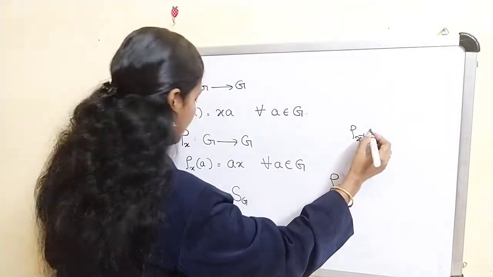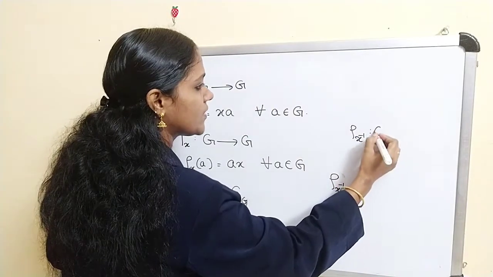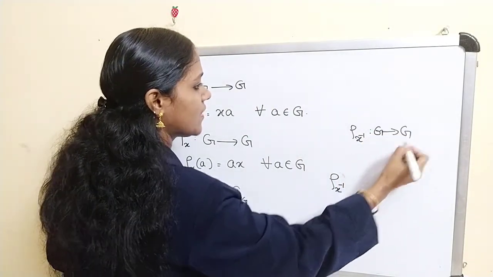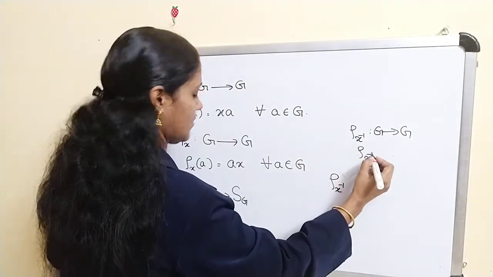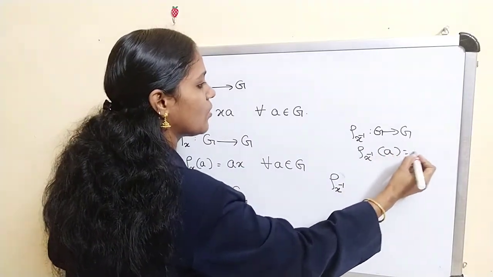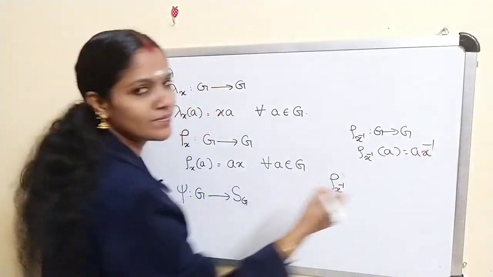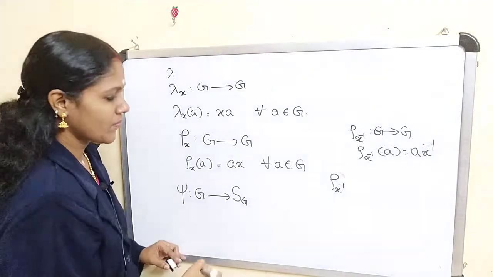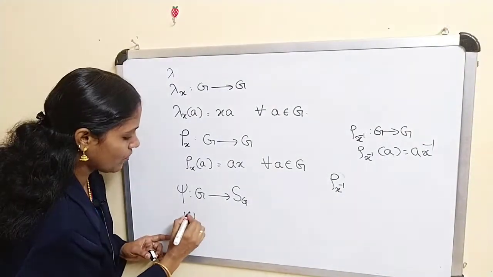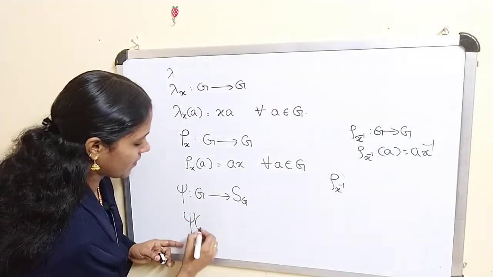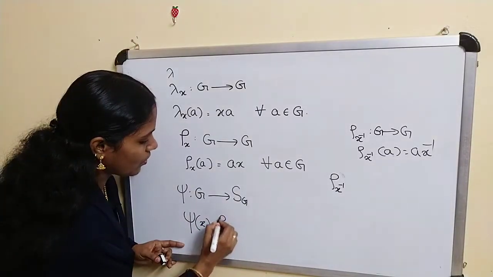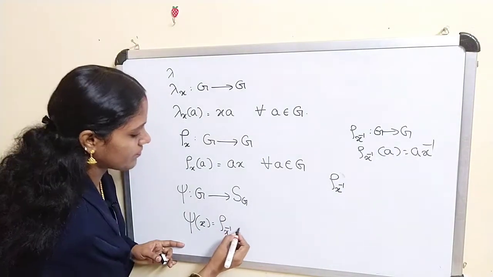Rho x inverse is a map from G to G such that rho x inverse of a equal to a x inverse. Now define psi of x equal to rho x inverse.